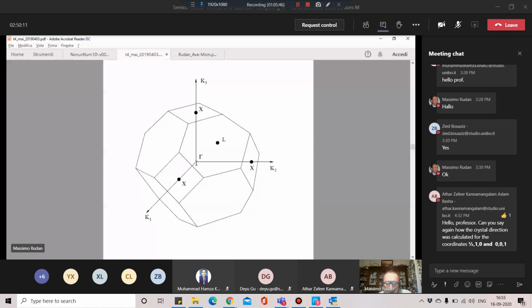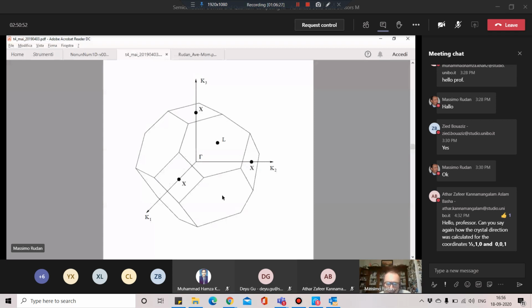If you connect the gamma point with this L point, you are going along the 111 direction. So it is intuitive that there exist 8 possible directions in which the indices are 111, because you have 111 and the opposite on the other side would be -1, -1, -1.